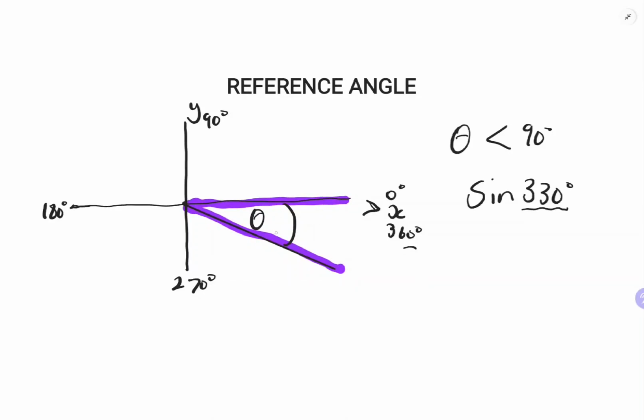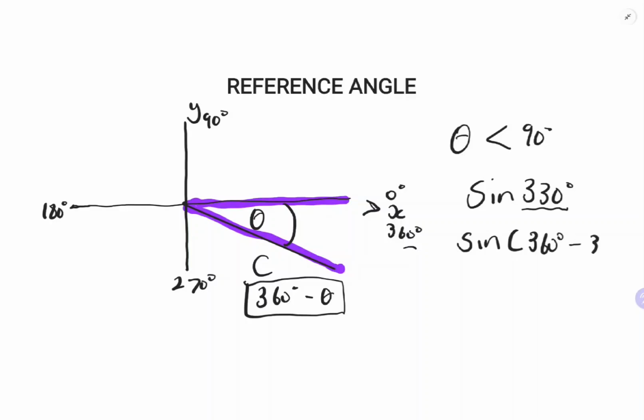We know that if we're in this quadrant, which is the C quadrant, the cos quadrant, its form is 360 minus a particular angle. So you're going to write this sine as 360 degrees minus 30 degrees. Why 30? Because 360 minus 30 is indeed going to give you 330 degrees. And so the reference angle will be this.